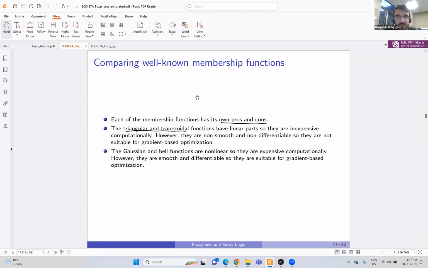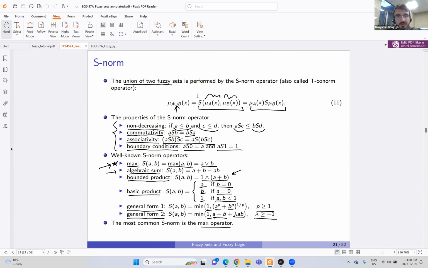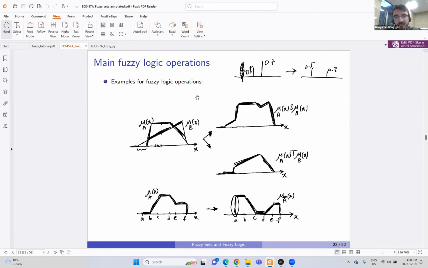Then we talked about important membership functions. Then some main fuzzy logic operators, which are T norm, S norm, and complement. And so we introduced these things and some examples.